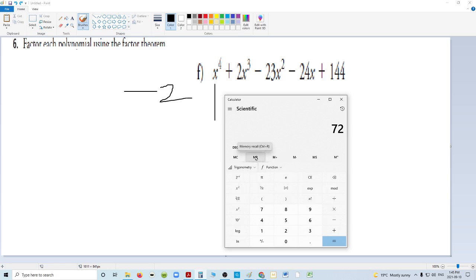And if this adds up to negative 144, god damn it. Okay, we'll try positive 3. I think I made a mistake on the negative 23, or negative 3 rather.